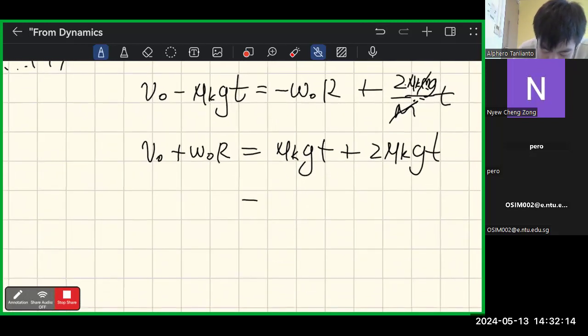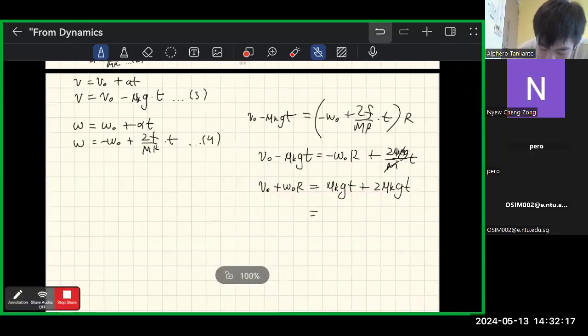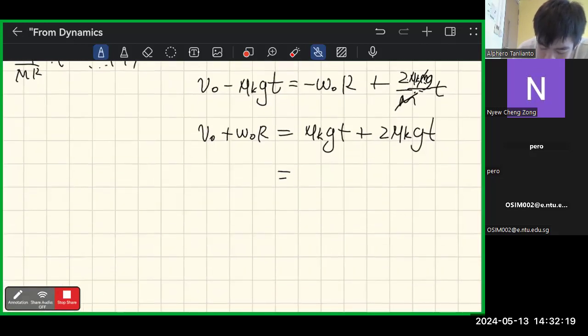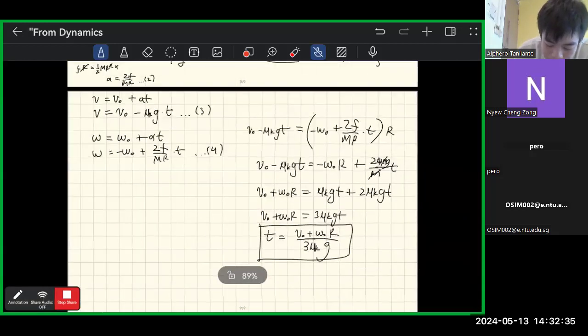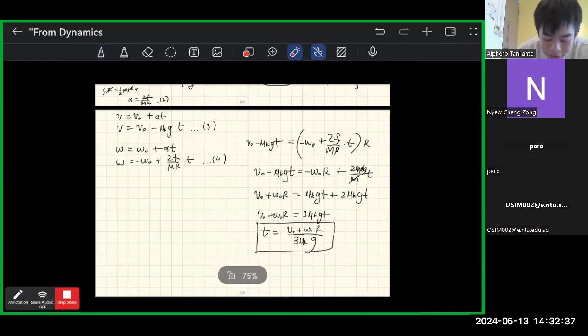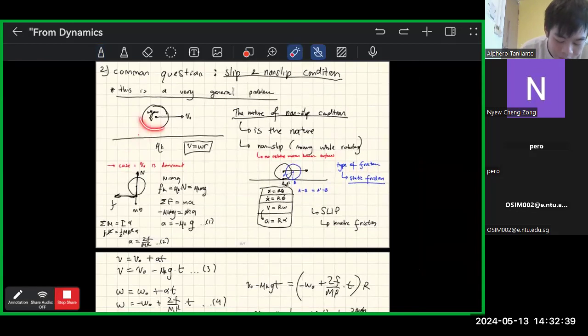So it's going to be 3 mu k g t equals V naught plus omega naught R. So t equals V naught plus omega naught R over 3 mu k g. So this is the time that it takes from the slip condition into the non-slip condition.